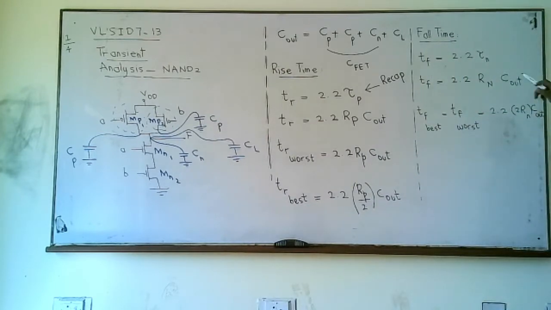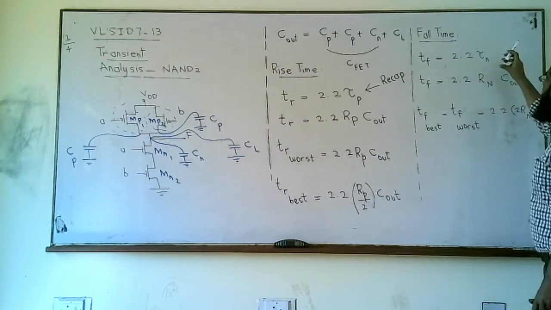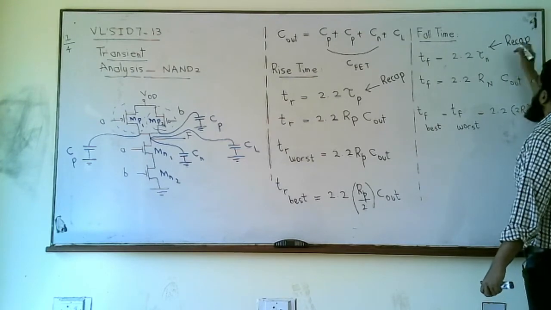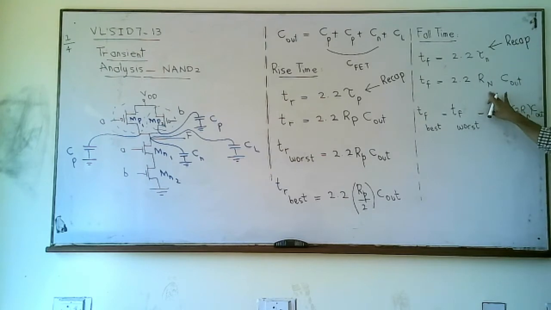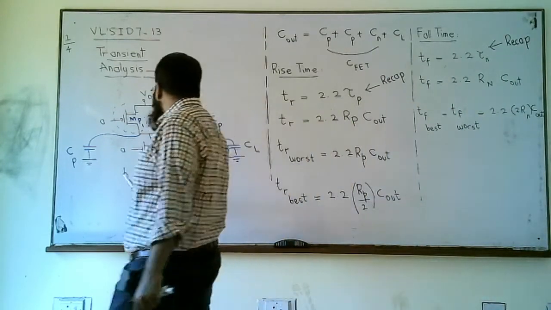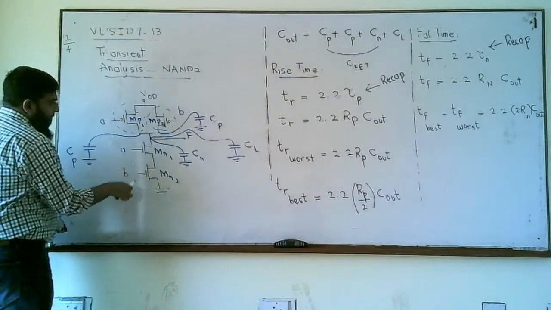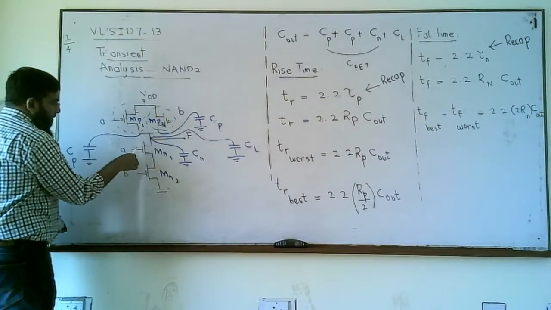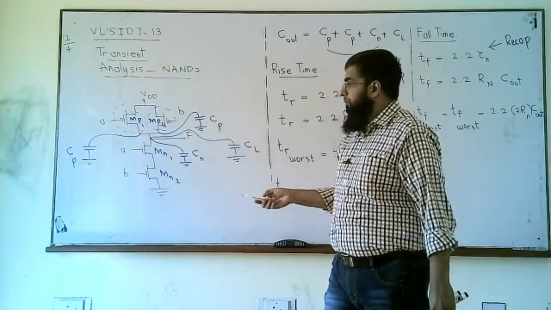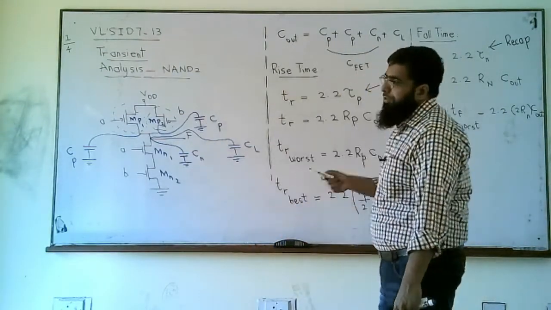Right. For the fall time delay, we studied in one of our previous lectures that it is 2.2 times tau n, where tau n is Rn, the equivalent resistance of the NMOS array. This is capital N. Right, this capital N is equal to 2 times Rn. Why? Because when this array is on, there is only one possibility: these two transistors both are on.